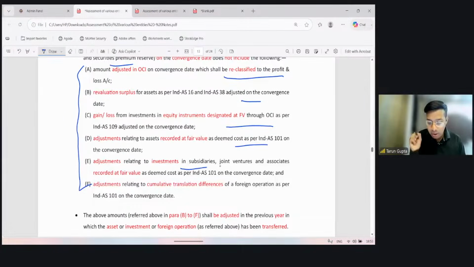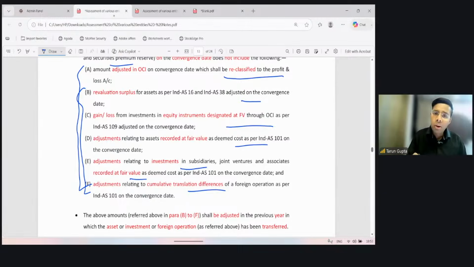Adjustment related to investment in subsidiary, joint venture, associate recorded at fair value as per Ind AS 101, or adjustment in cumulative exchange difference, translation difference of foreign operation as per Ind AS 101. So all these, B to F, are the adjustments on account of revaluation or designating the asset at fair value.